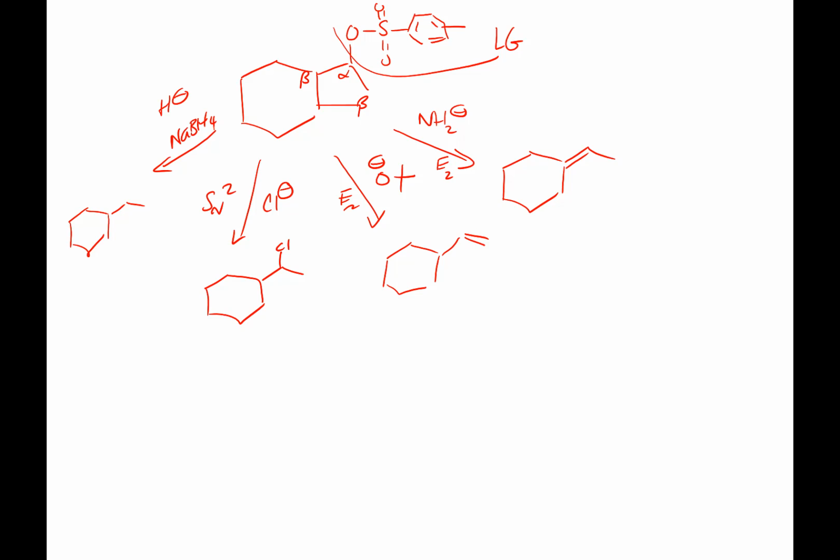I can do E2s, I can do SN2s on it to kick it off. And then there are various methods to form the chlorides and the bromides with the SOCl2s and things, or use the tosylate ester and make the OH group into part of the leaving group with that.